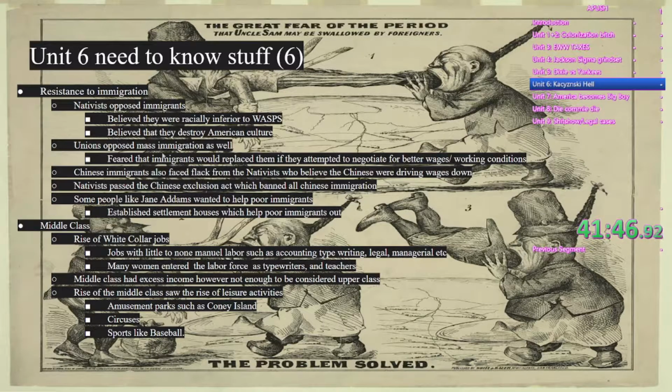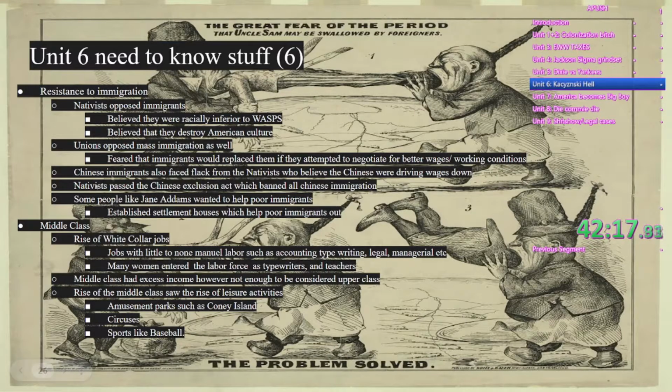They also believed immigrants would take their jobs, often working for lower wages. This led to the Chinese Exclusion Act, which banned all Chinese immigration because the Chinese were accused of driving wages down by being willing to work for less.